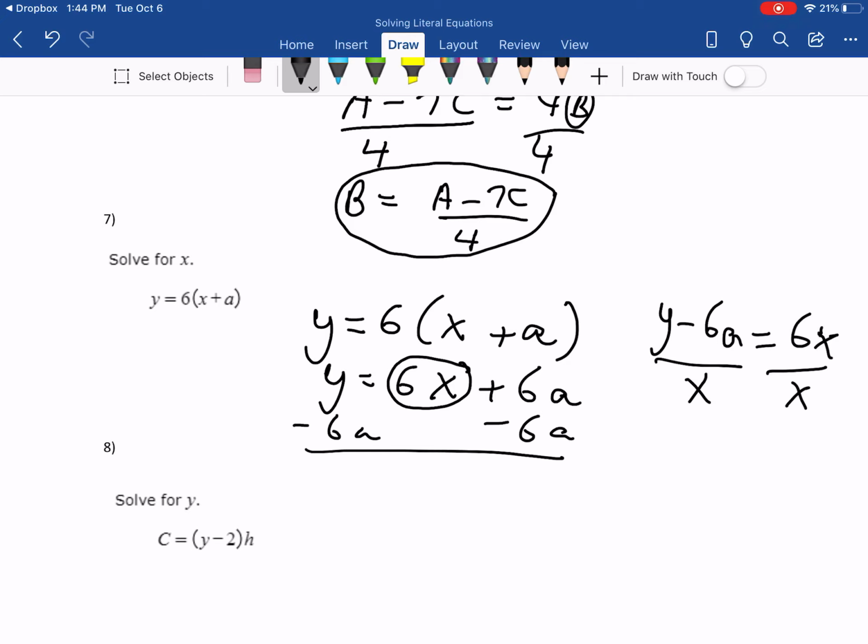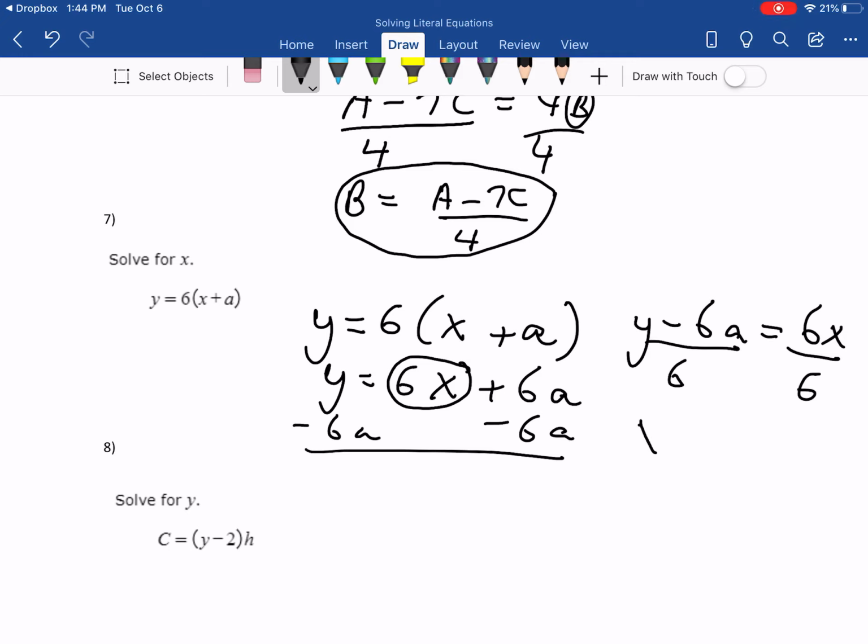Sorry, okay. Y minus 6a equals 6x. And we'll divide each side by 6, not by x, okay, to solve for x. So we'll get x equals y minus 6a over 6.